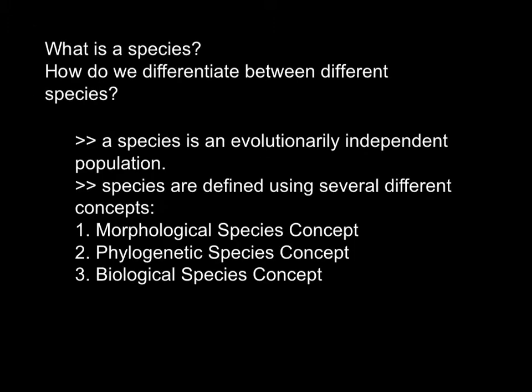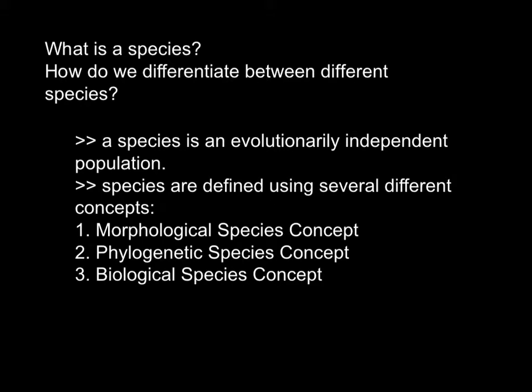Over time, scientists have come up with different ways to define what a species is, given the evidence that they've accumulated. Sometimes we don't have a perfect fossil record, or for instance, you can't study extinct organisms, in which case you have to look at the fossils, and then you would use the morphological species concept.